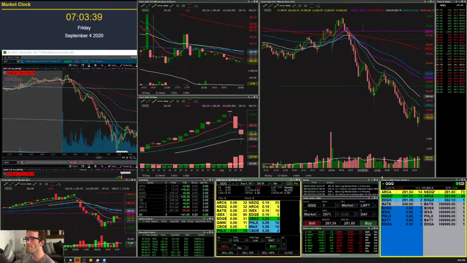So what we have is, if you look at the level 2 here, this is the bid. These are the buyers, okay? And then these are the sellers. And this is the ask. So if you want to get in with a market order, you can just click market buy, right?